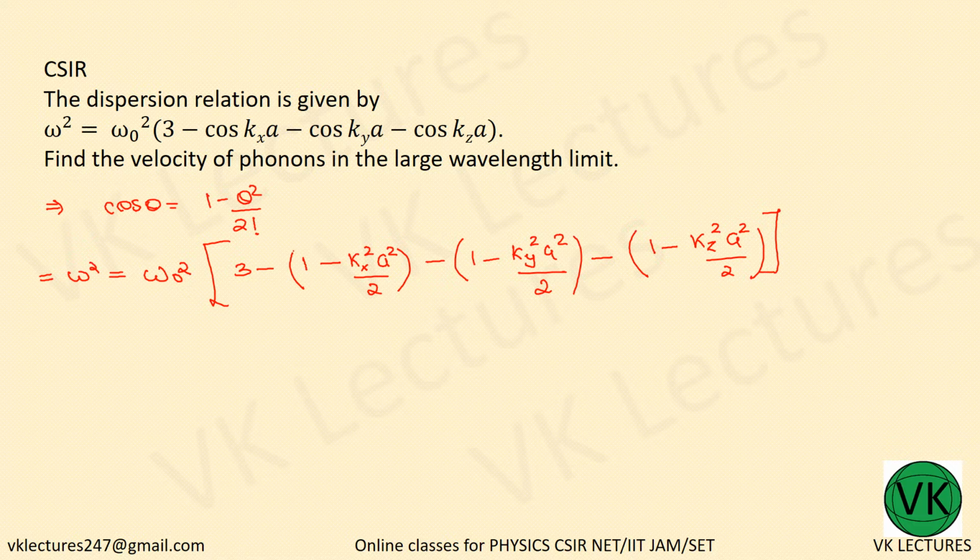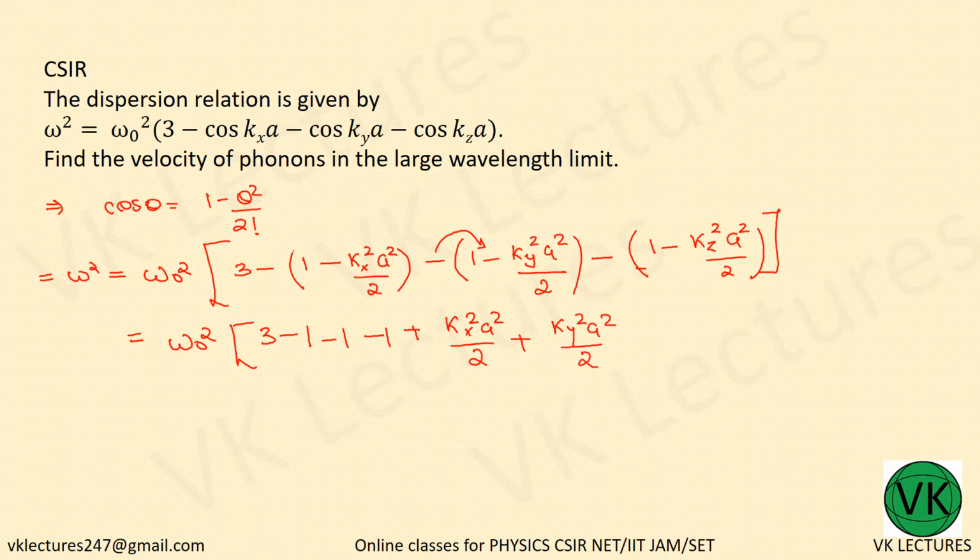Now all that done. So that's equal to omega naught square into 3 minus, this is minus 1 if I take outside, this is again minus 1 if I take outside, here again minus 1 if I take outside, then minus of minus plus, so kx square a square divided by 2, plus this is again minus into minus plus, so ky square a square divided by 2, again this minus jumps here, plus kz square a square divided by 2.